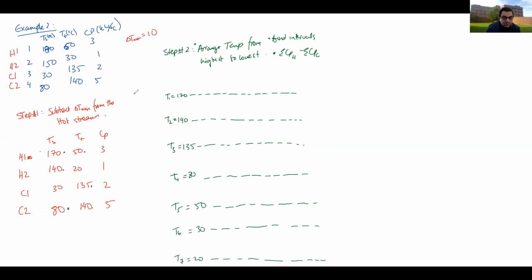Okay, so how many intervals do I have? I have 1, 2, 3, 4, 5, and 6 intervals. Sounds good.